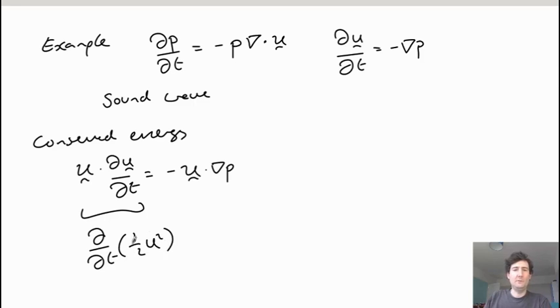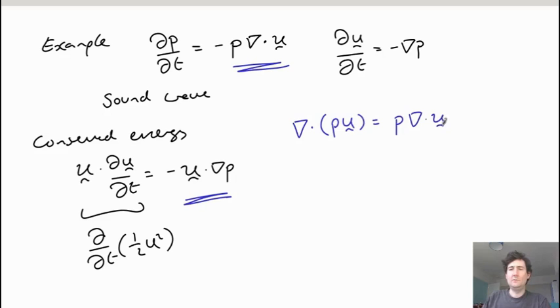So that's forming the kinetic energy, and then you can see we've got this relationship here. So u dot grad p, and then here we have a p divergence of u, and these are related to each other. So you can write down that the divergence of p times u is of course just p times the divergence of u, so that's this term, plus also u dot grad p, which is that one.